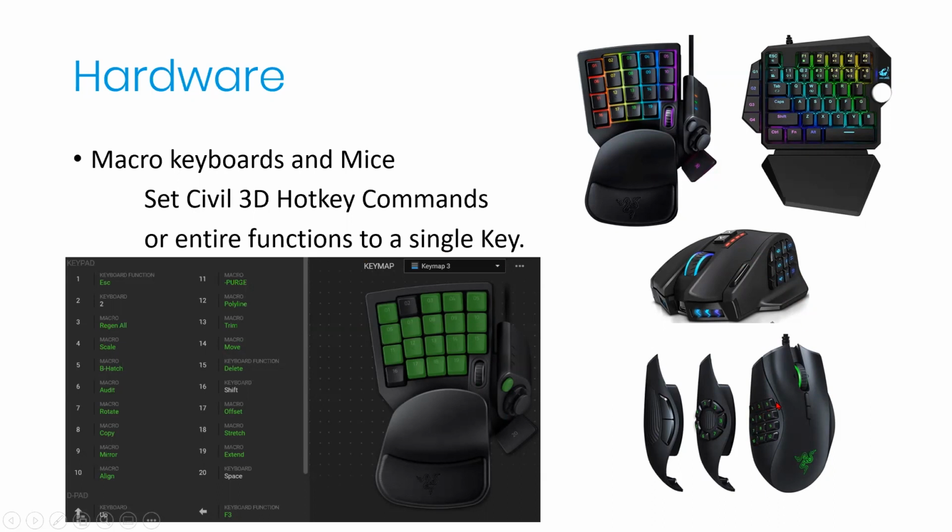You've got little buttons on the side of your mice here, and you can put your polylines, purge, whatever you want on these 12 buttons on the side, or you can have a circular macro button here as well. When you search for something, just type in macro for mice or whatever, and it'll pop up on Amazon or wherever you go, or keypad, and that's it.